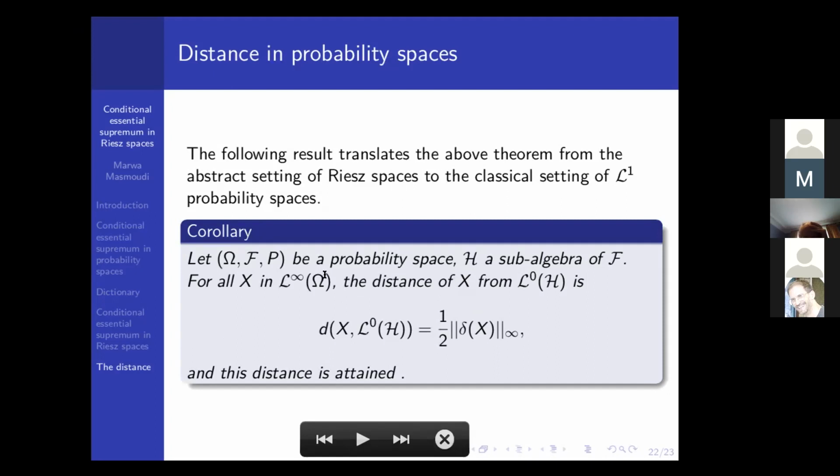So if we consider a probability space omega F P and a sub-sigma algebra H of F, then for any x in L infinity of omega, the distance between x and the elements of L infinity of H is equal to the half of the infinity norm of delta of x, and this distance is attained.